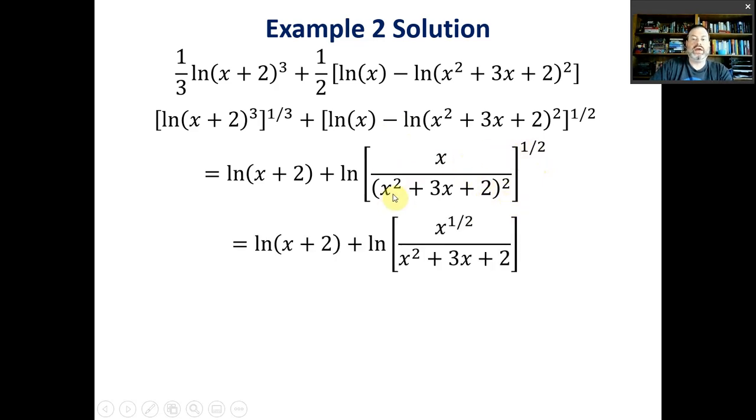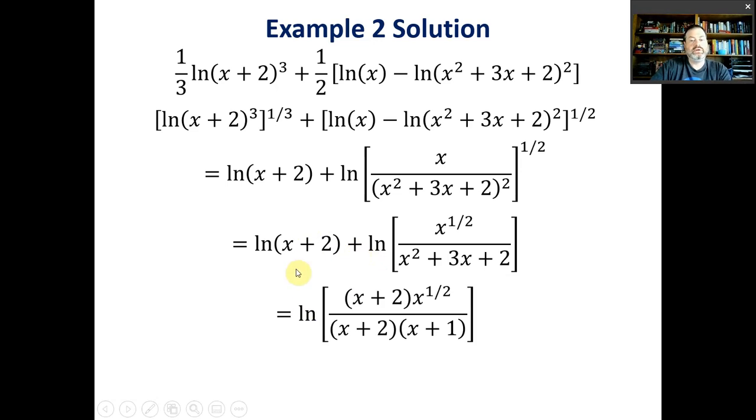So here, x to the 1/2, and then anything squared to the 1/2 power, those cancel. Now we have a sum, so that becomes multiplication, right? So this x plus 2 gets pushed inside, and then I factored this denominator, because you're trying to get stuff to cancel.